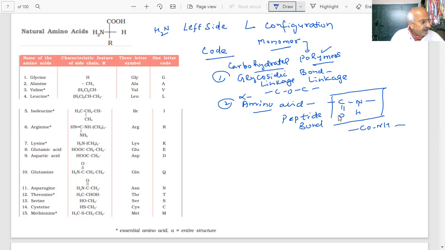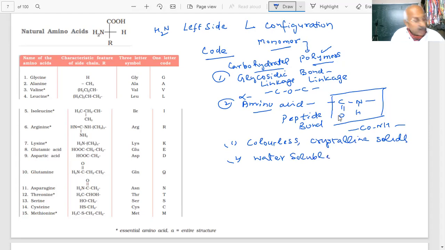So for the amino acids which I told you, these are usually colorless crystalline solids, water soluble, with high melting points.